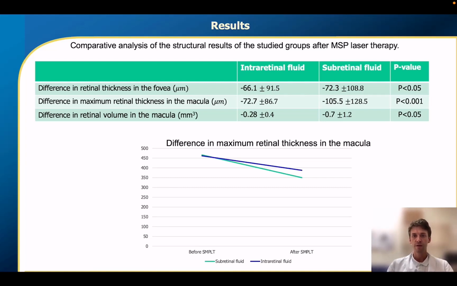The greatest differences between the studied groups concerned the area of maximum retinal thickness in the macula, where the group of patients with intraretinal fluid improved by 72.7 micrometers and the group with subretinal fluid by 105.5 micrometers.